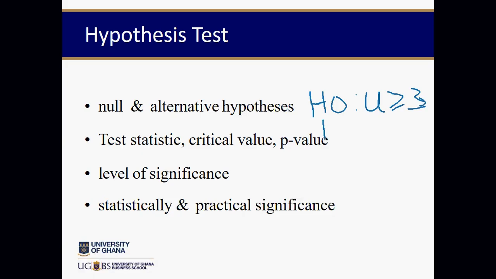And then your HA will be written as HA; he said it can be either capital or small. In exams, if they tell you to state the null and alternative hypotheses, the alternative here will be mu is less than 3, because the alternative hypothesis is completely opposite from the null hypothesis.